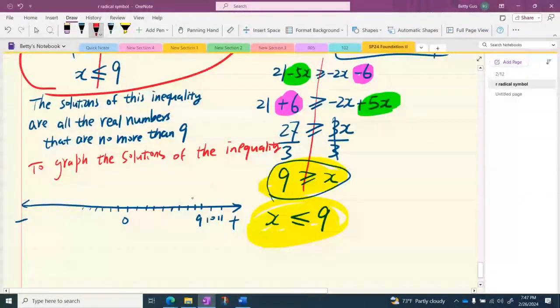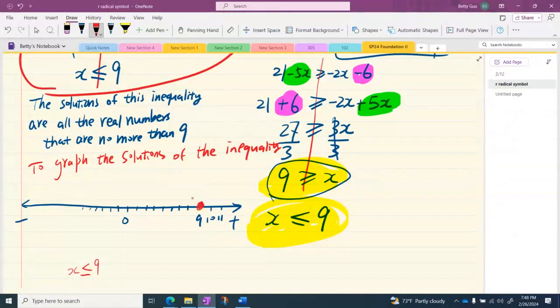Mark it. But I'm going to mark 9 as a solid dot. The reason is because the solutions are x less than or equal to 9. So that means 9 itself is a solution. That's the reason I mark 9 as a solid dot.